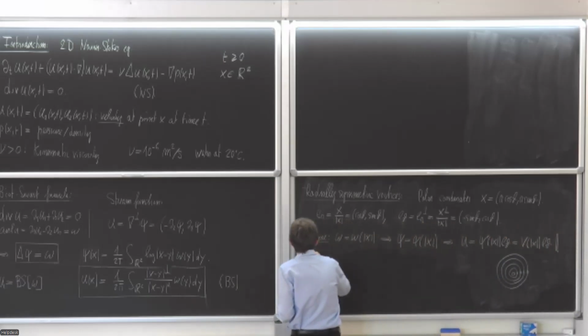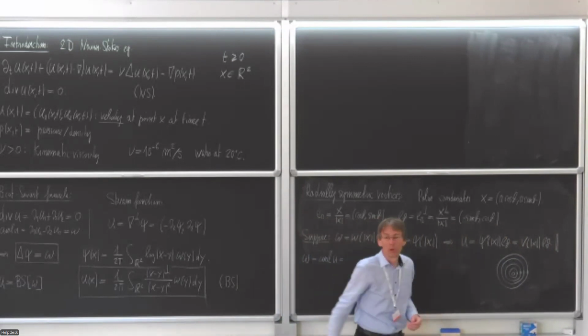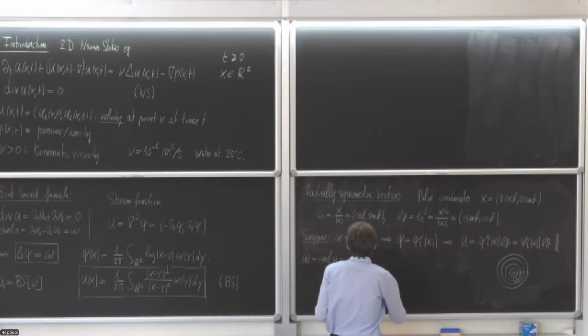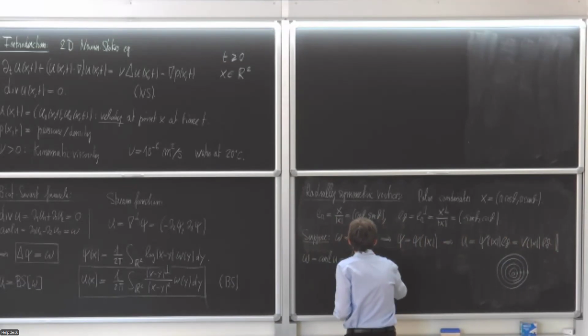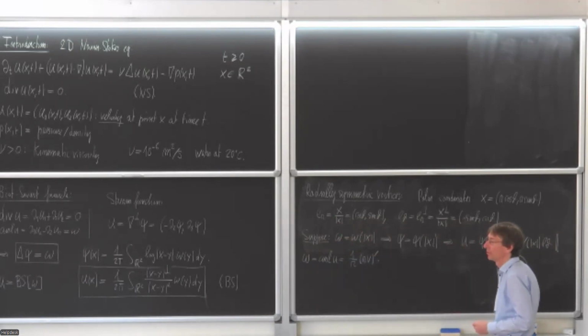Now you compute omega, which is the curl of u, and by taking the formula for differentiating in polar coordinates, what you obtain is that it's 1 over r times (r v) prime, evaluated at modulus of x.